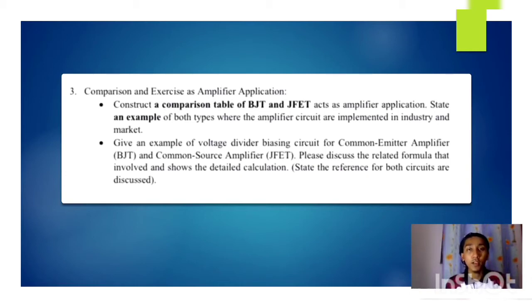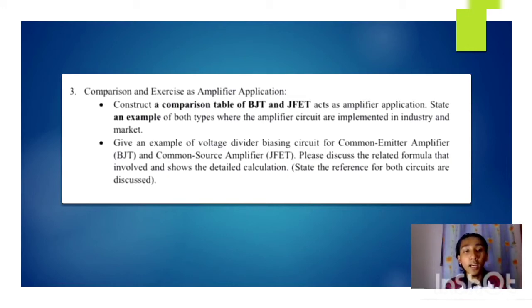Untuk soalan ketiga ni terdapat 2 point, iaitu construct a comparison table of BJT and JFET as amplifier application. State an example of bond type where the amplifier circuit are implemented in industry and market. Itu untuk poin yang pertama.